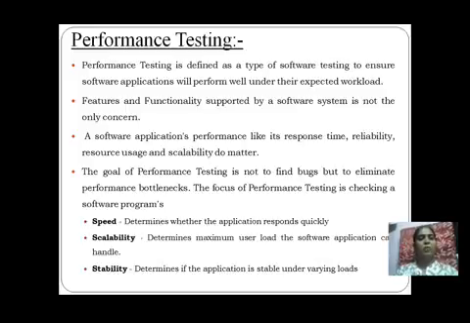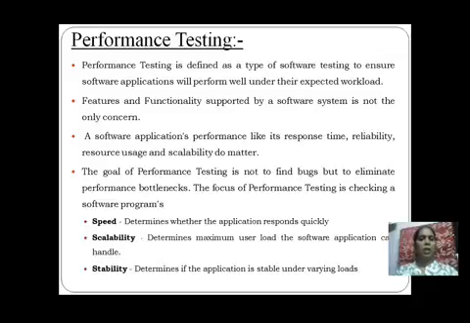Which resources are required to develop that application, how helpful they are, and what the cost behind those resources is will be considered when we perform the software application development process.